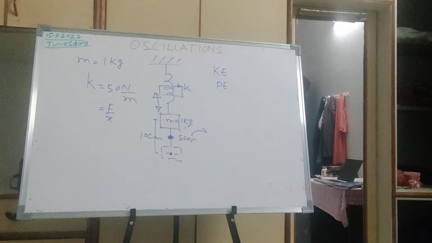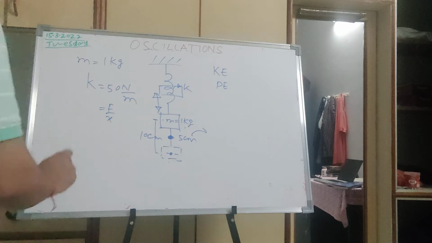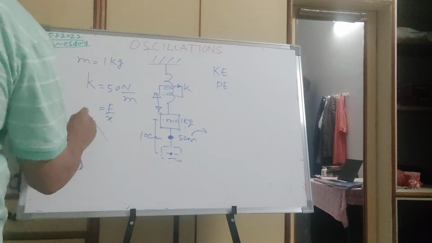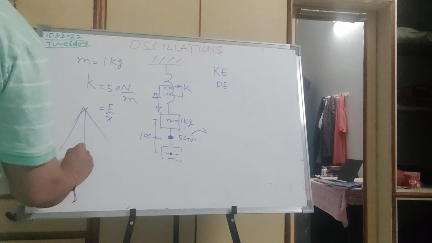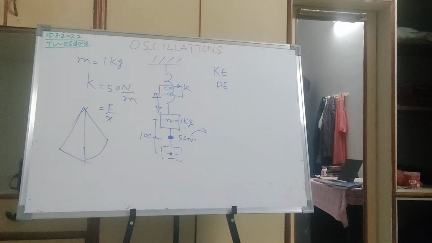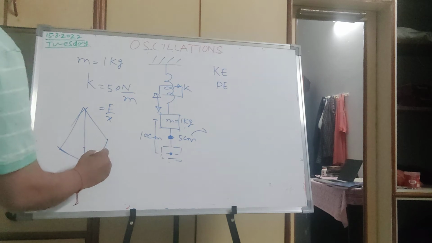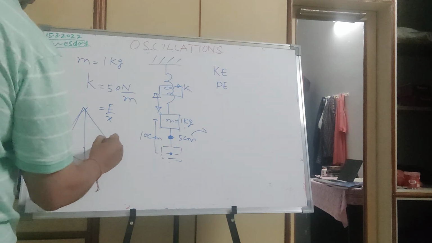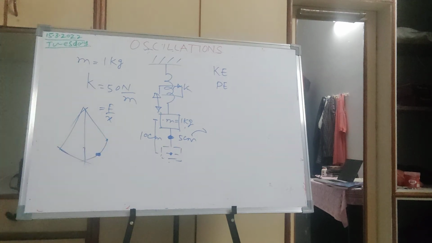That is the question. If you equate it to a simple pendulum case, it will go from here to here, and we are asking in the middle how much is the kinetic energy and potential energy.